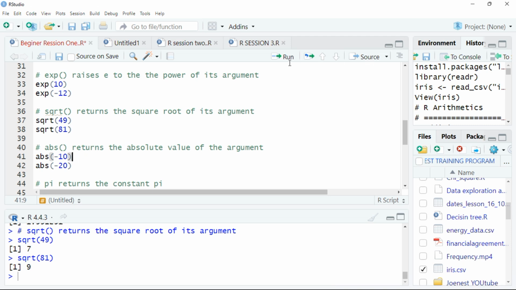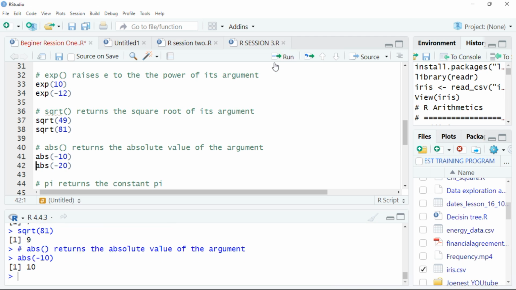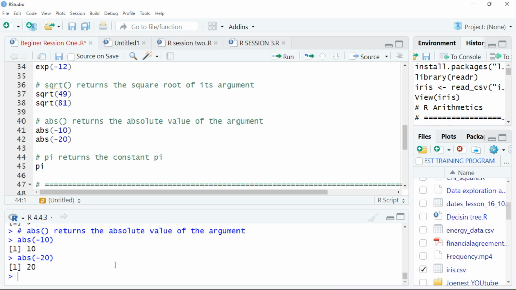For absolute, if it is negative, it becomes positive. So we run it and you see that we have 10 here, and then we run this one too and we just have 20. So all that we are trying to say is that for the ABS, if it is negative, everything comes back positive.